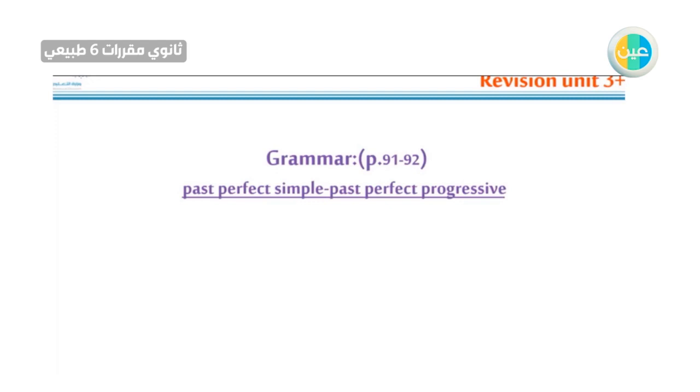So we have many actions, a series of actions, all of them in the past, not at a particular time. So you will use past perfect for the oldest one and past simple for the recent one. And again, progressive means the verb is taking time or was taking time, while past perfect simple, no.